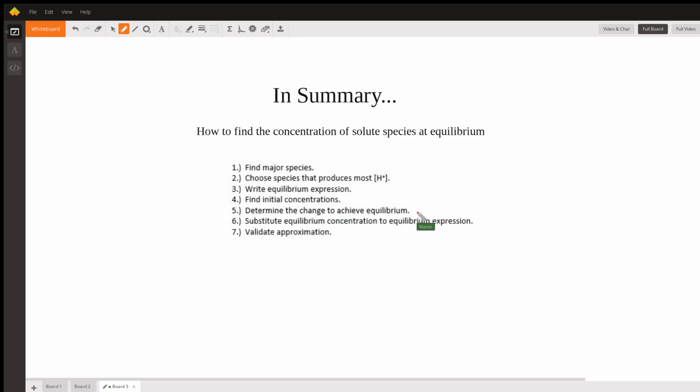Through an ICE table, we can determine the change in the equilibrium from the initial concentration to achieve an equilibrium concentration. So we substitute that expression into the equilibrium expression, and we can find what x is through algebra. We could also, this is optional, approximate. We could validate the approximation using the formula we determined earlier.